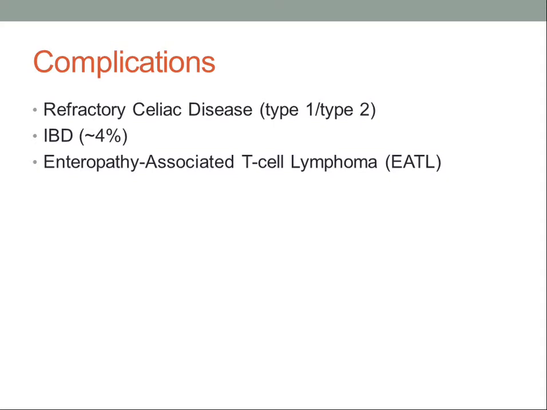It is type 2 refractory celiac disease that is associated with ETL, or enteropathy-associated T cell lymphoma, and this is by far the most serious complication of celiac disease. Refractory celiac disease is usually diagnosed when a patient has had over 12 months of celiac symptoms, despite a gluten-free diet.